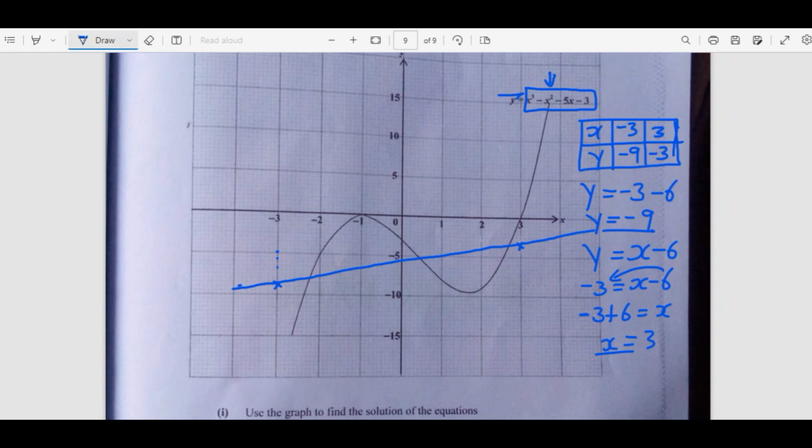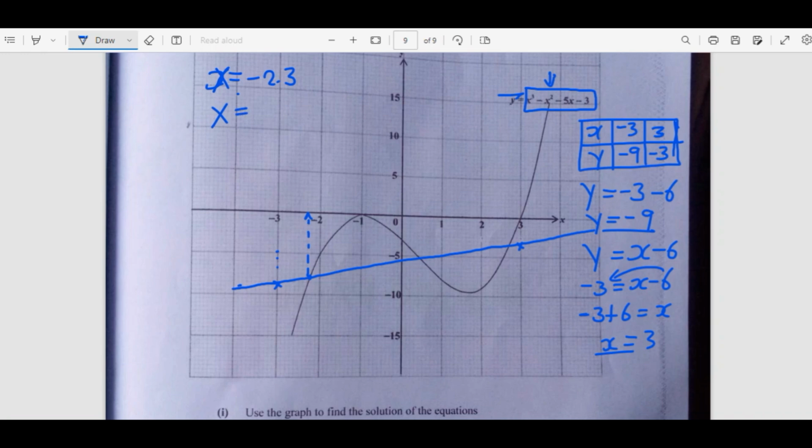So let's do that. The first one is here. You need to draw a line parallel to the y-axis. The point at which this line falls on the x-axis is the first value of x, which is under the x-axis. The smaller box is 0.1, so negative 2.1, 2.2, almost 2.3. So that is my x value, negative 2.3.